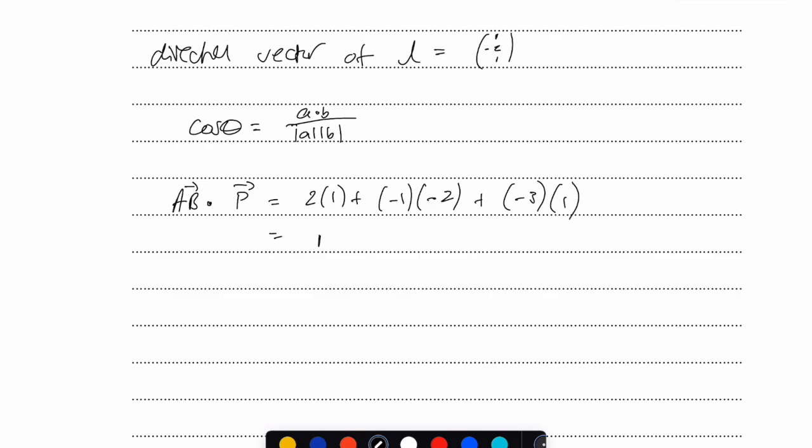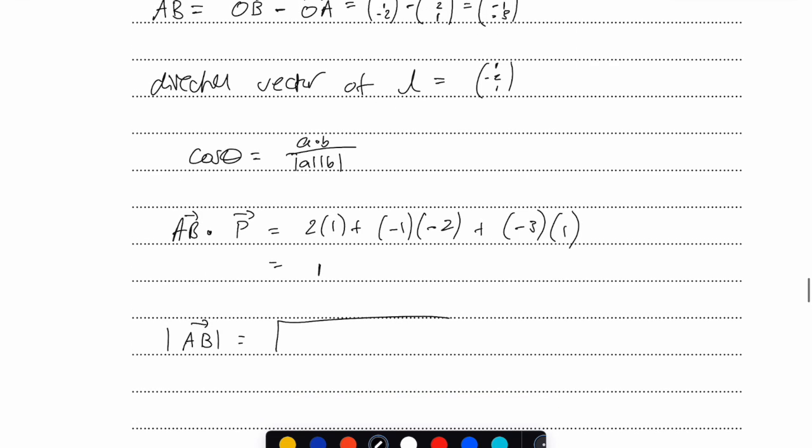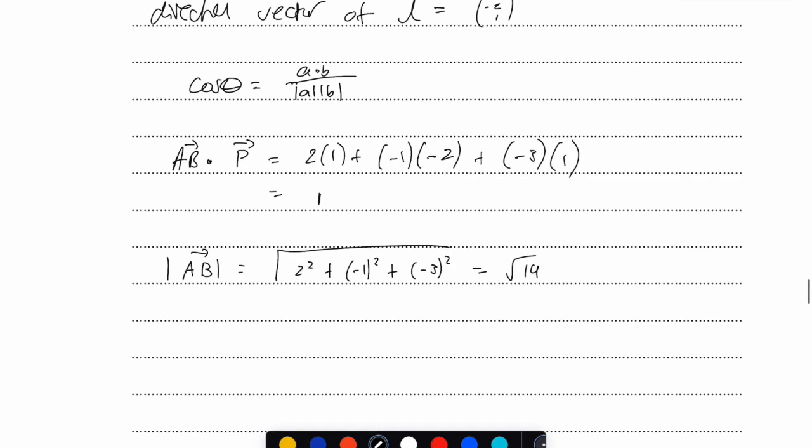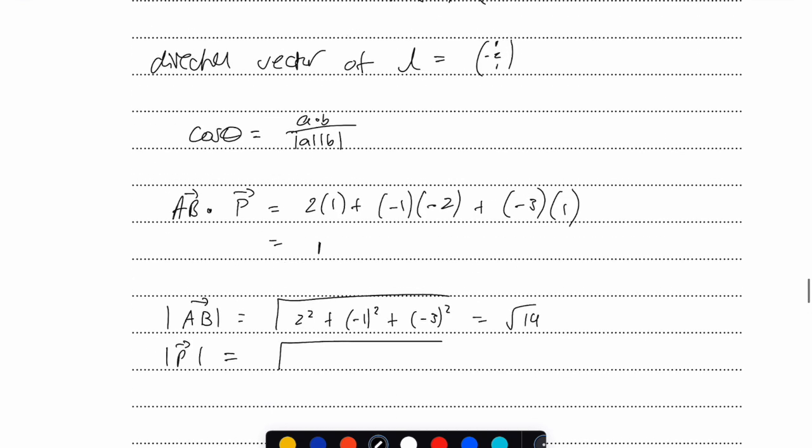And we can then say the magnitude of AB is equal to 2 squared plus minus 1 squared plus minus 3 squared, which gives me root 14. The direction vector of L is 1 squared plus minus 2 squared plus 1 squared, which is going to be root 6.